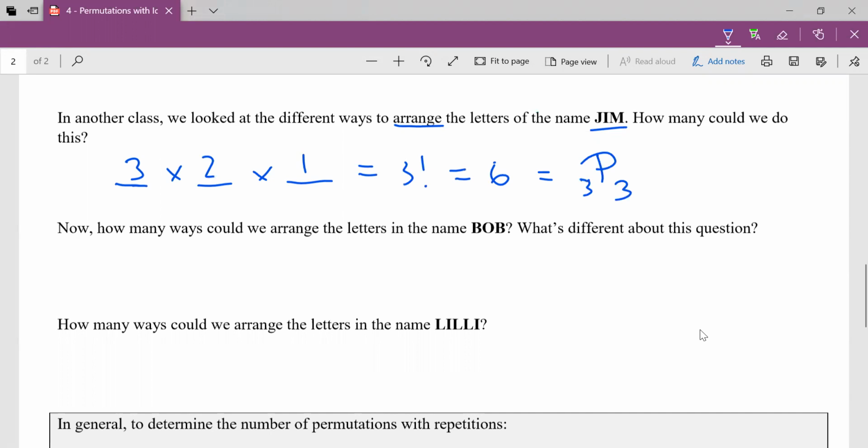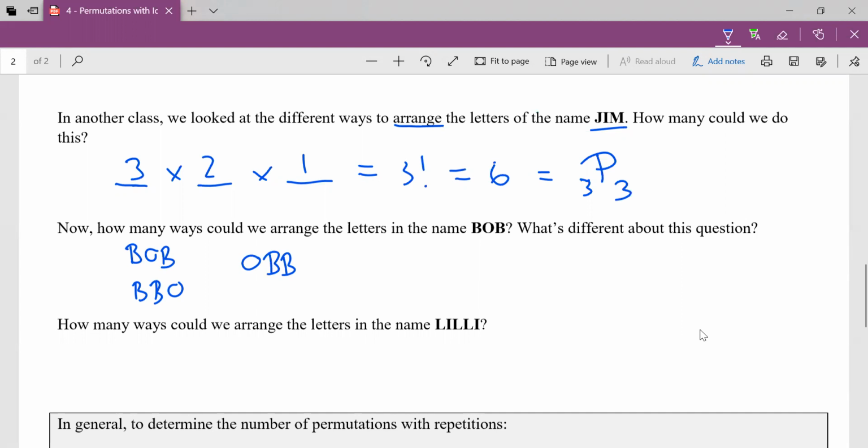Now, what if we had the letters in Bob? If I try to list them all out, here's BOB, and then BBO, and here's OBB. But that's it. That's all I can do. There are only 3 ways for me to arrange these.